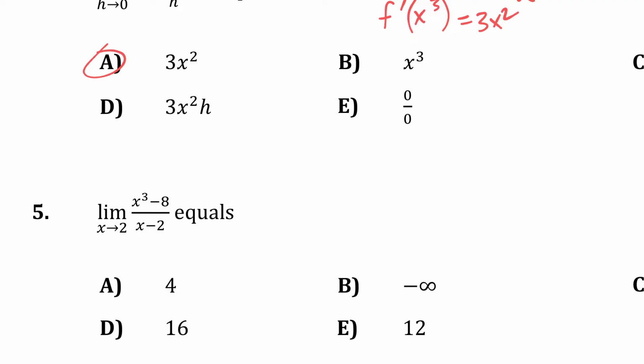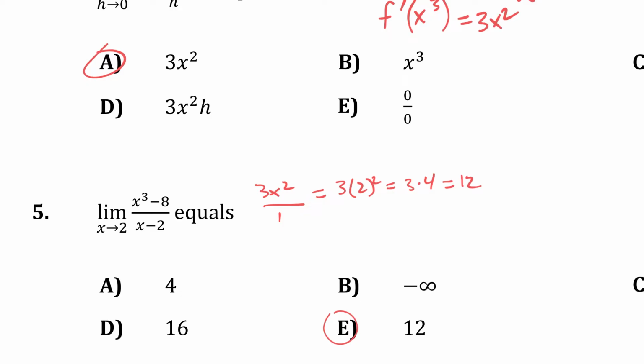The derivative of the numerator is 3x squared, and the derivative of the denominator is just 1. All right, fine. So 3 times 2 squared is 3 times 4, which is 12. And that's E.